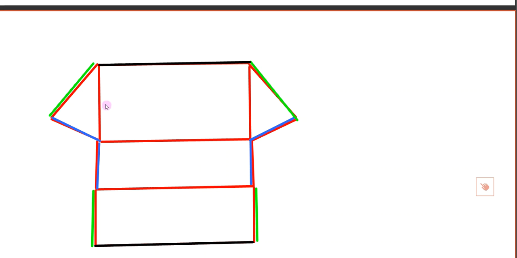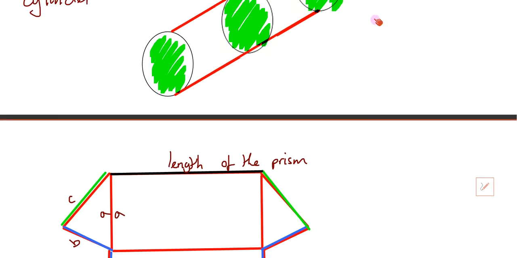So if we label our triangle's lengths A, B, C, this would match with B, this would match with C, A's already matched with A, okay? So we have rectangles. Now, this here would be the length of the prism. Do we see it? Let me take you back up to here.